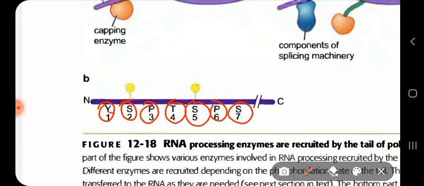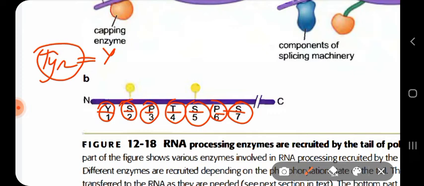Now, this is a one letter symbol denoting the amino acid. Well, we know the tyrosine symbol is TYR, but in one letter symbol we give Y. In case of serine, we write SER, but for one letter code we will write S. Proline for P.